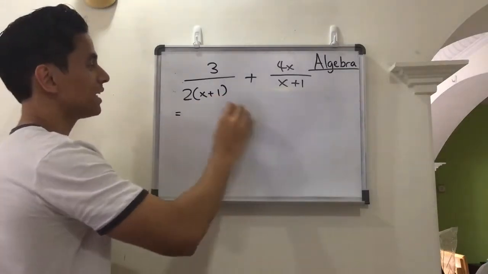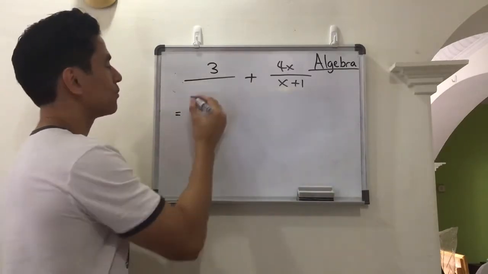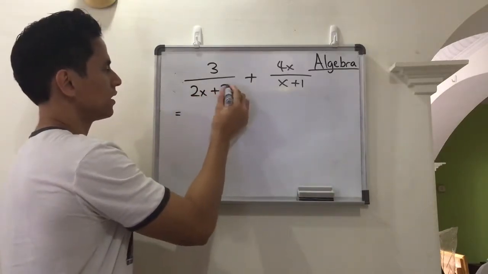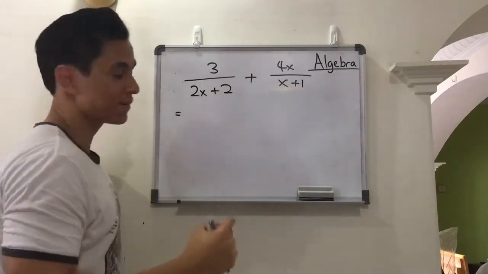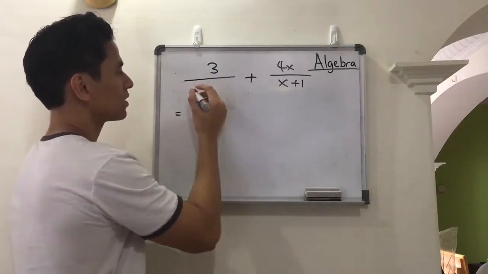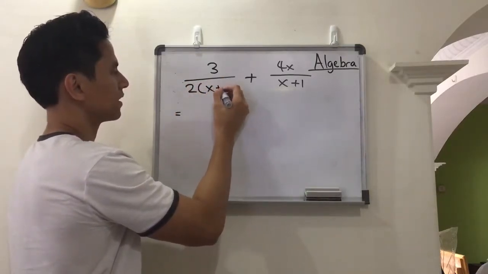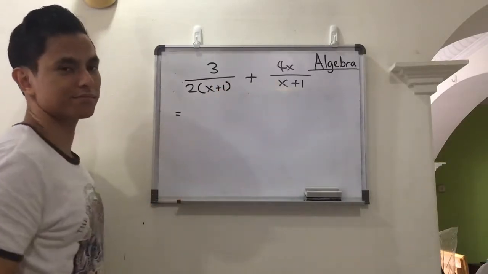They could have also done this, and the question would be slightly more tricky, you see. If they posed the question as such, it would have been more tricky because you would have to see that I can actually factorize the 2 out here and still get x plus 1. Okay, so in this case, the question is being quite kind.